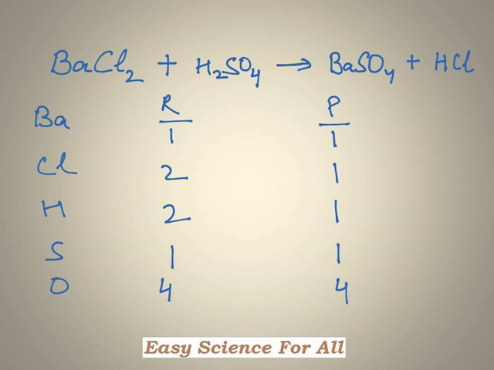So, it is clear from this listing that the number of atoms of different elements are not same on both the sides of the equation in some of the cases. To be specific, chlorine and hydrogen does not have same number of atoms on reactant as well as product side.